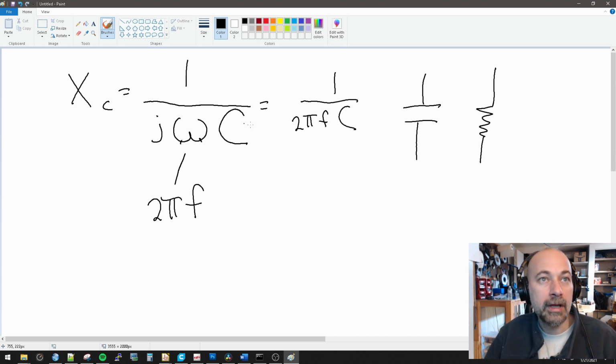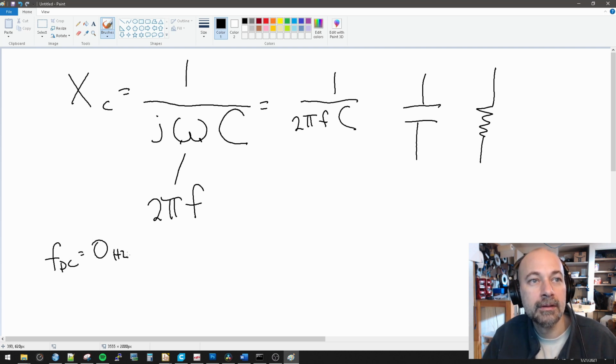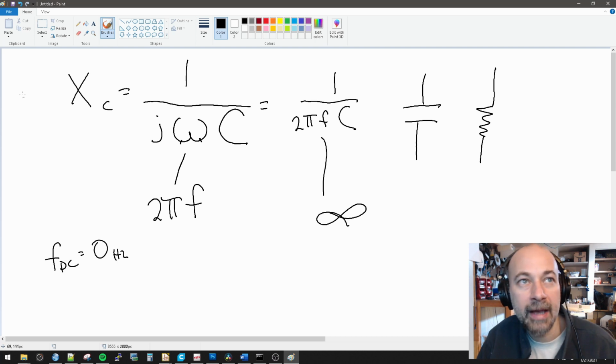So if the frequency of a DC signal, f_DC, equals 0 hertz, if we toss 0 in for f, we have infinity. So the capacitive reactance at 0 hertz is infinity for a capacitor.